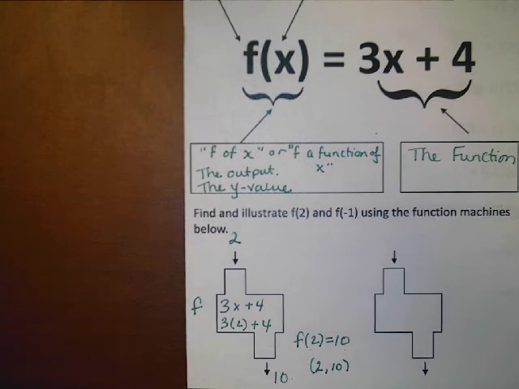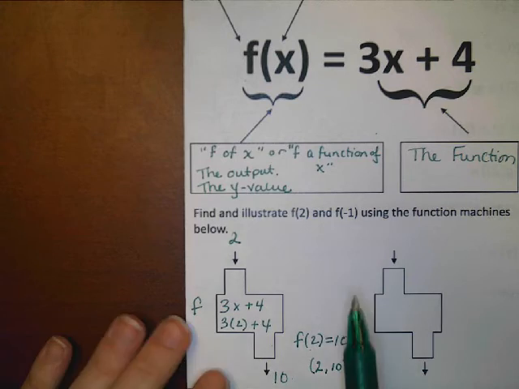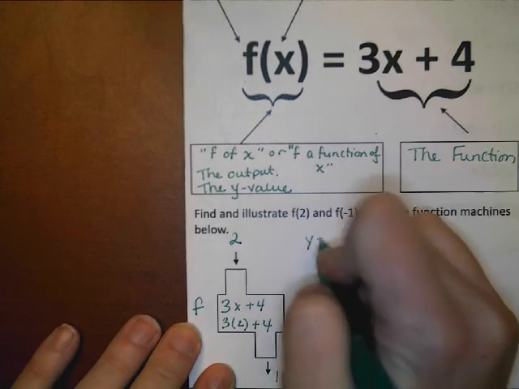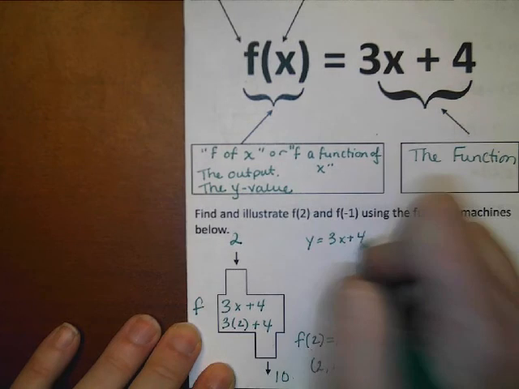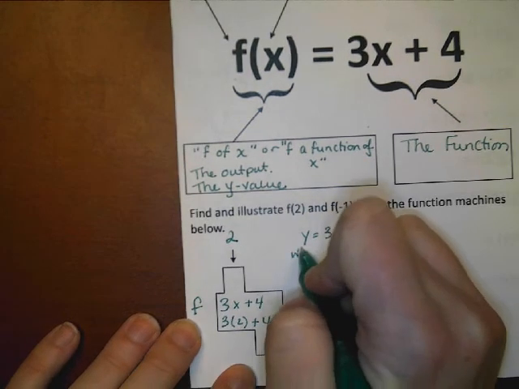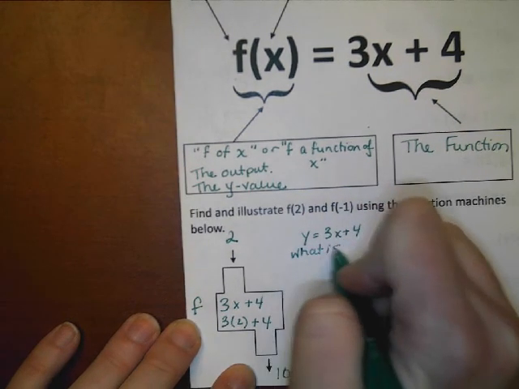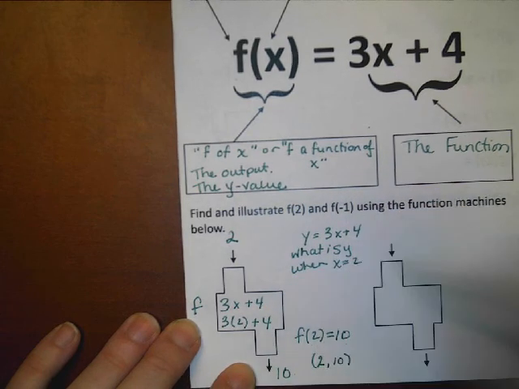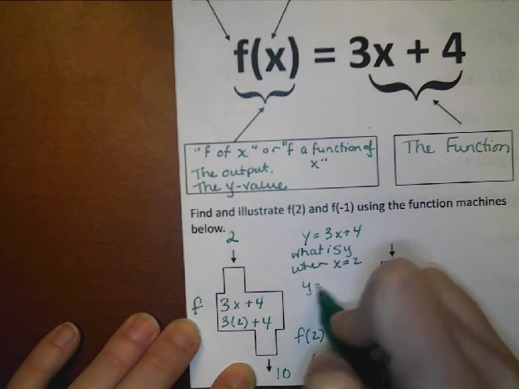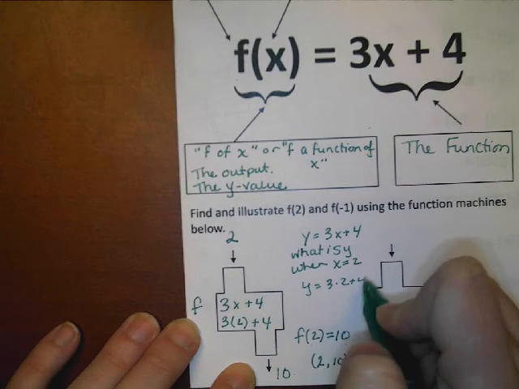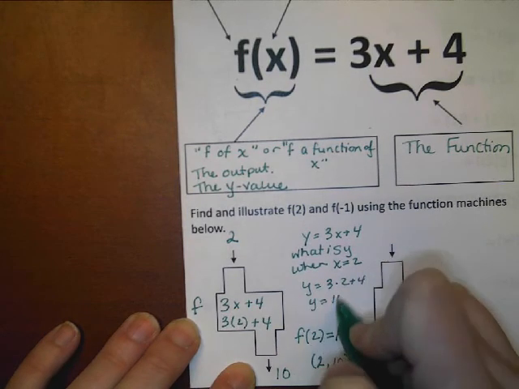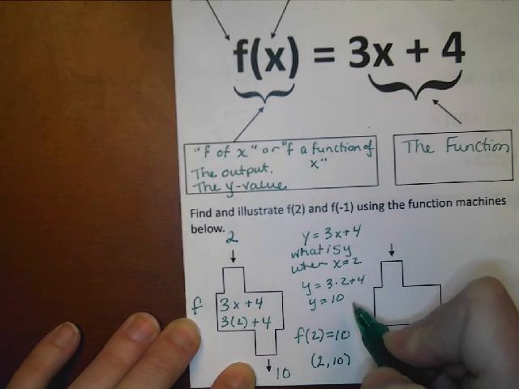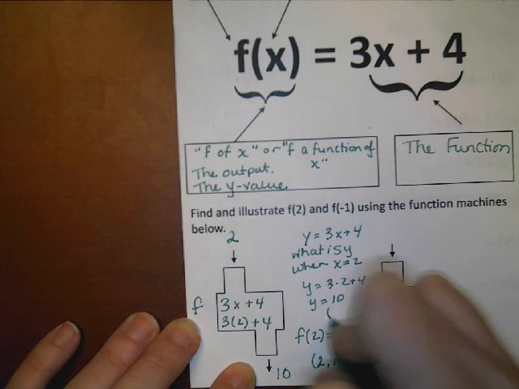This is why it's a lot more superior to the y equals. Because if I just had y equals 3x plus 4, then I would have to say, what is y when x equals 2? And then I have to go y equals 3 times 2 plus 4. Then I get y equals 10, but that's not an answer, that's a line.